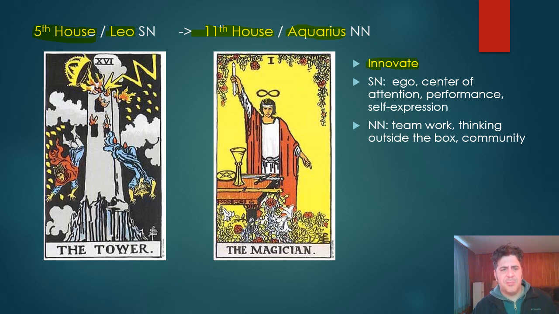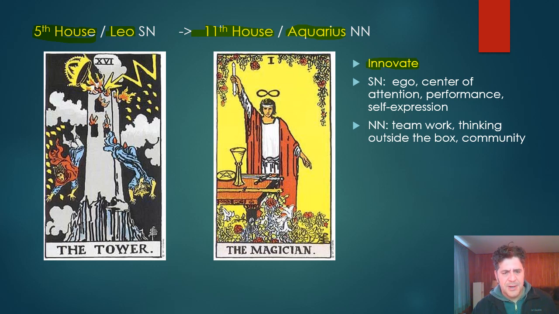So this slide applies to my sign, this movement from being ego-centered to the north node in Aquarius, which has to do with community, friendships, but also out-of-the-box thinking and being innovative. So not taking myself so seriously as the Leo does.